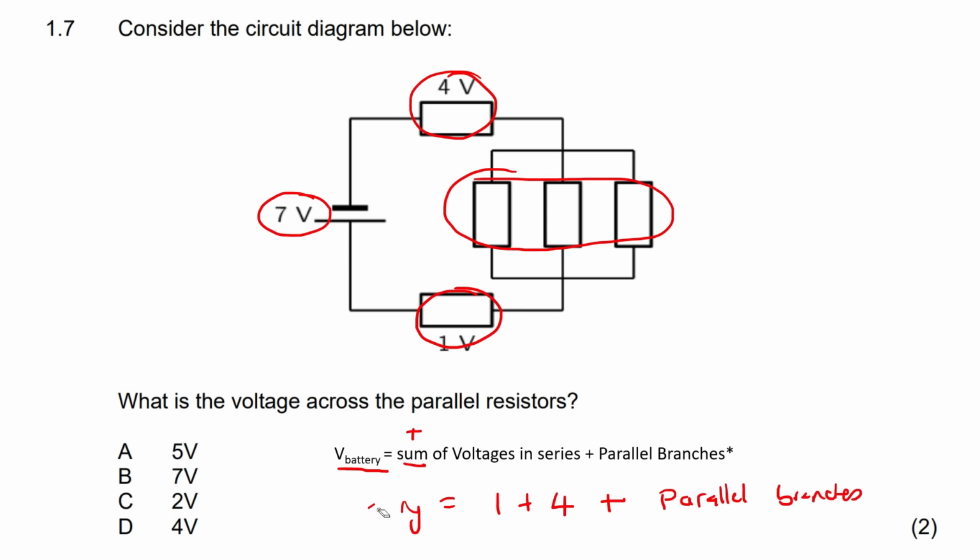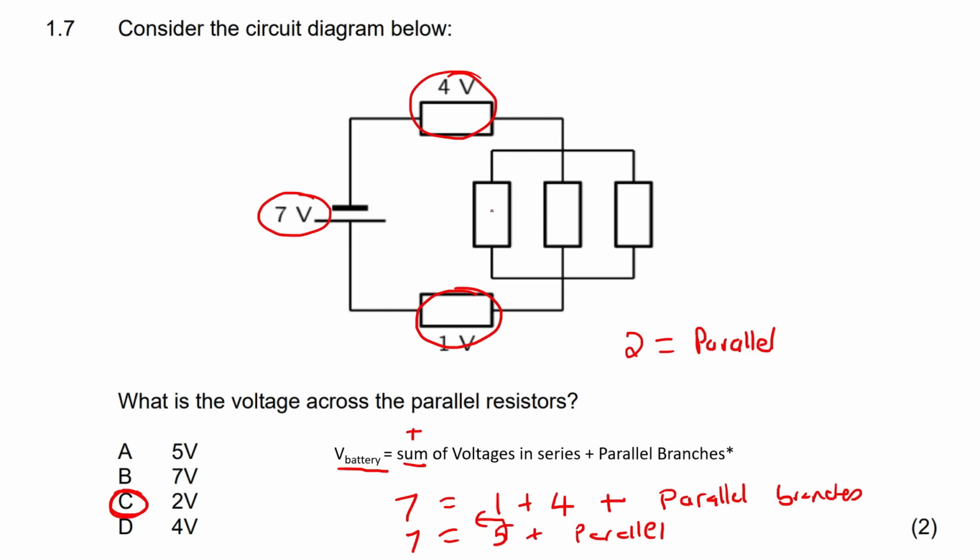And we also know that the battery's voltage is 7. So now we can say 7 is equal to 1 plus 4, which is 5, plus the parallel. So if you had to calculate the parallel, you would take the 5 to the left, and you'd end up with 7 minus 5, which is 2. And so the parallel is 2 volts.